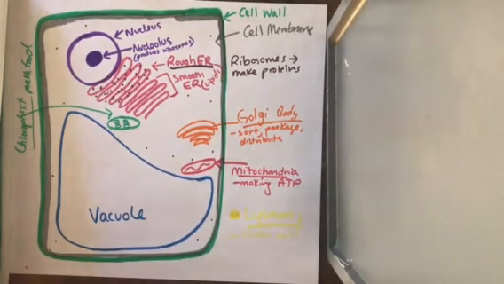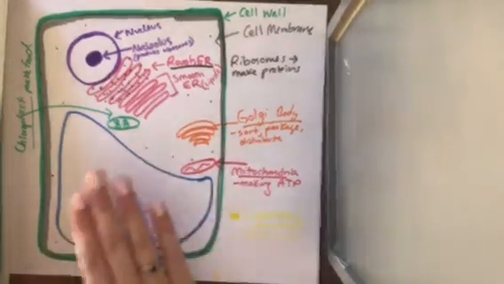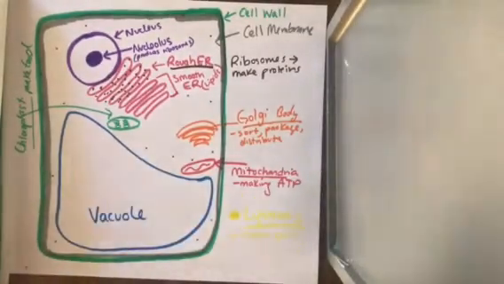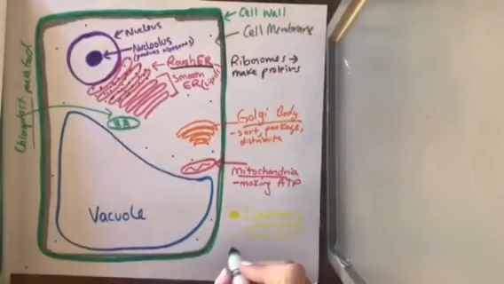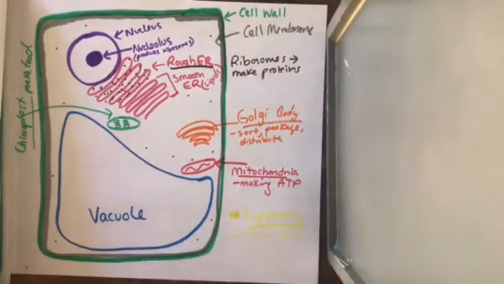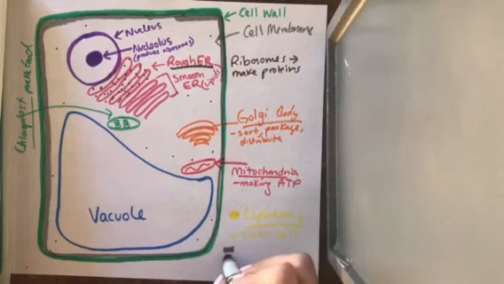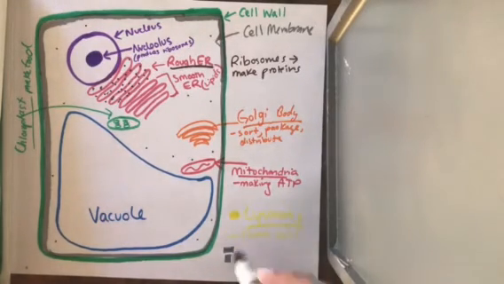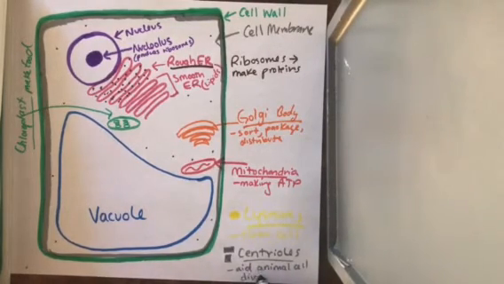All right, and then lastly, also not in our plant cell, is something called a centriole. There's usually two of them. They're just like little squares. And we're going to talk more detail about them later, but what they do is they aid in animal cell division.